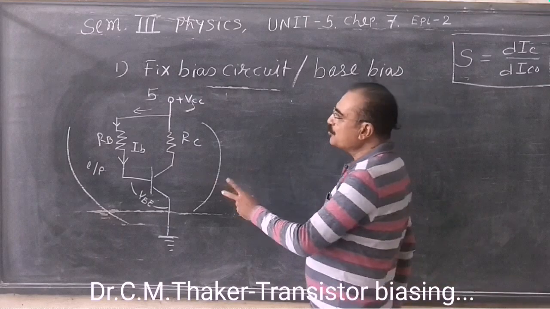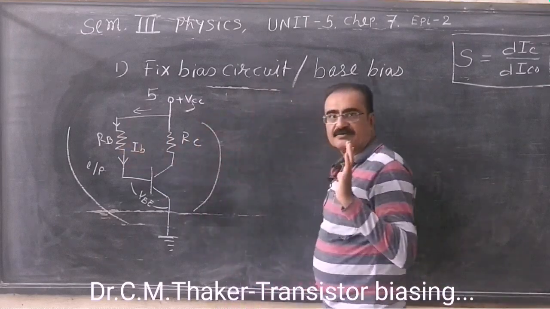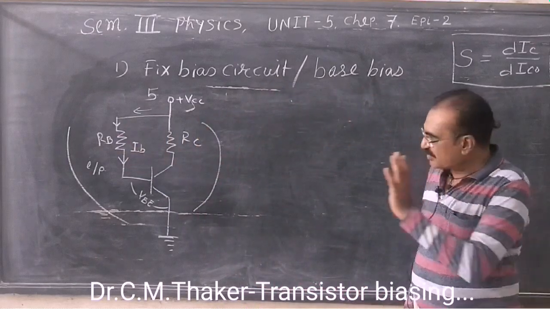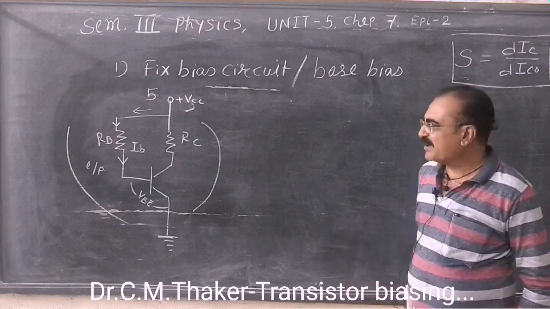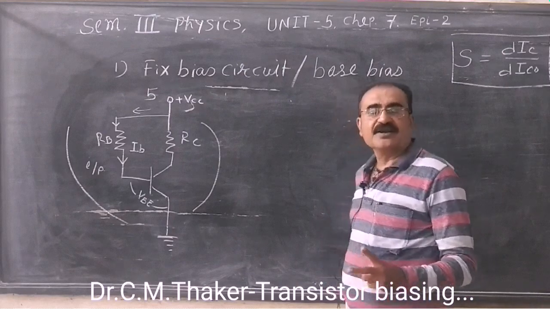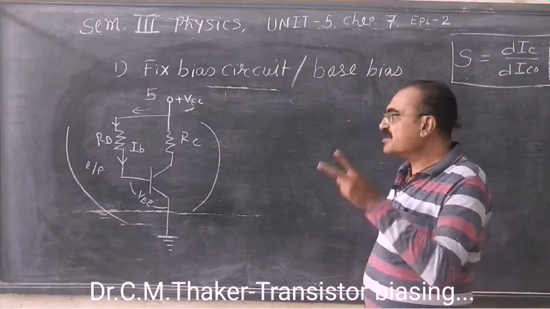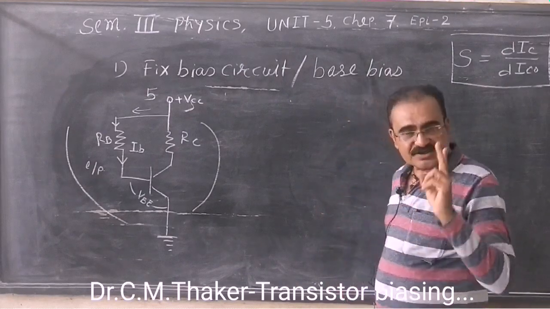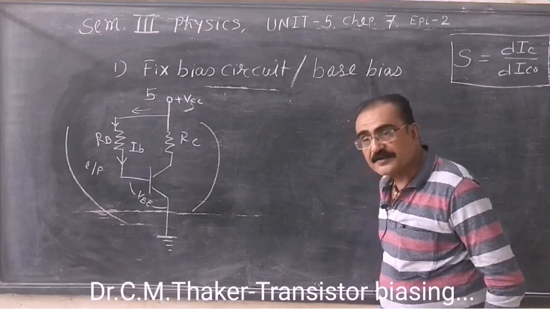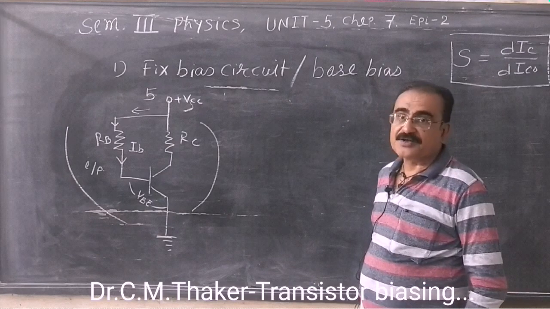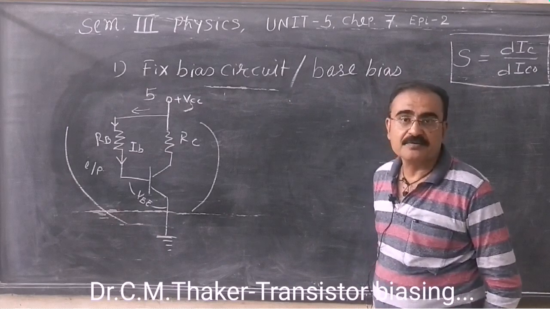So you have to join only an extra resistance RB. So this is the advantage. But the disadvantage is that your stability factor is very high. That means the circuit is not stable against thermal runaway, and that is why the circuit is not preferable.